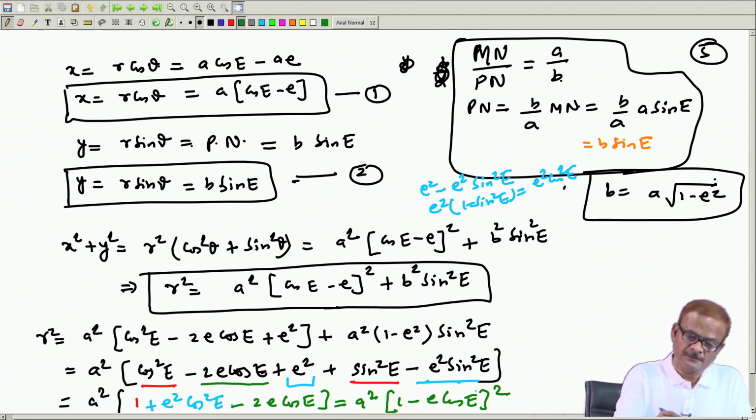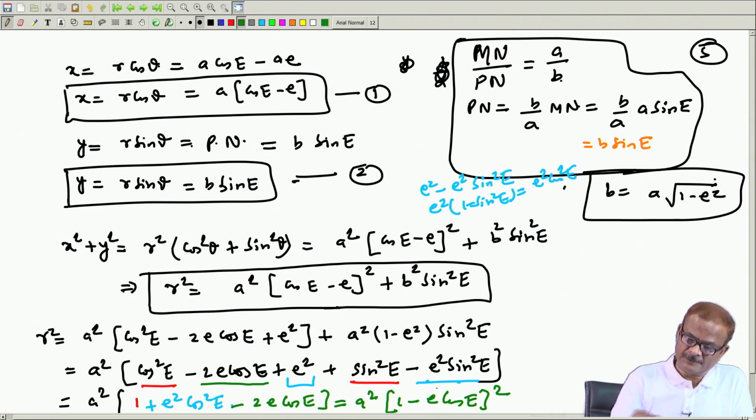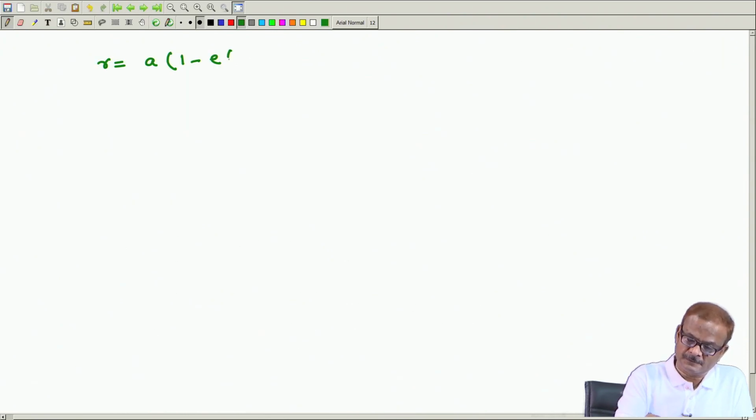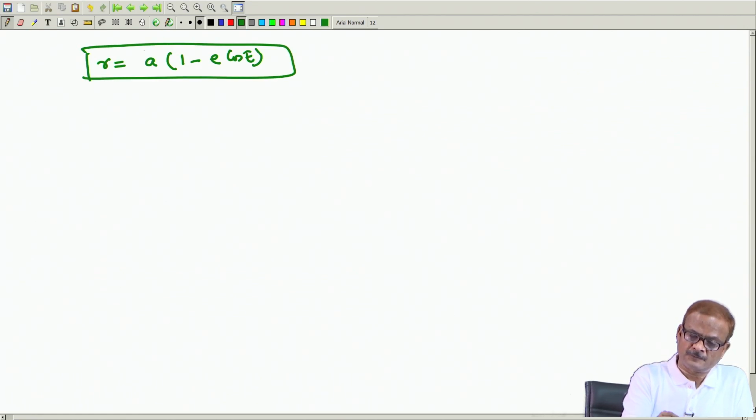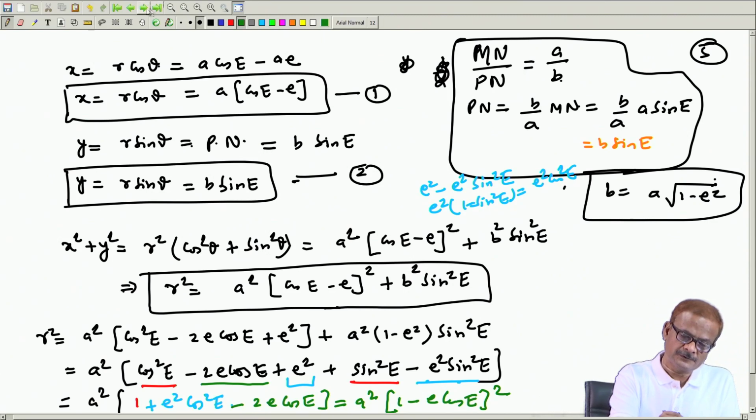Therefore, r becomes equal to, because r is always a positive quantity, a times (1 minus e cos E). So this is the r. This we will write as equation number 3.